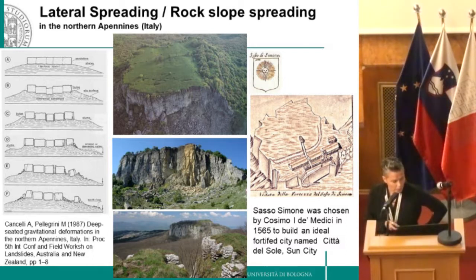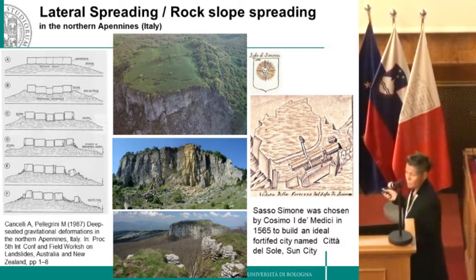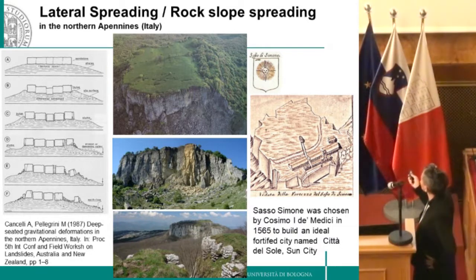In general, what we can see is that starting from a cap rock, which is coherent and almost intact, this cap rock starts to sink and to spread, ending in these conditions.